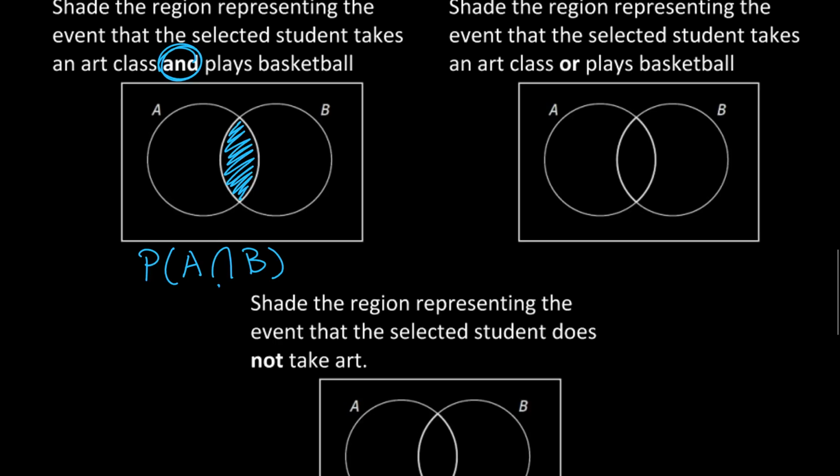So this is the symbol for and, or we can also call it the intersection. And what do we do when we're trying to find the probabilities with and between them? Multiply.